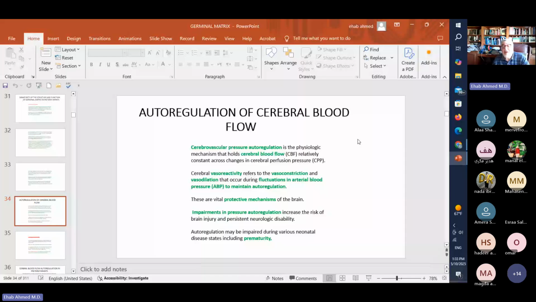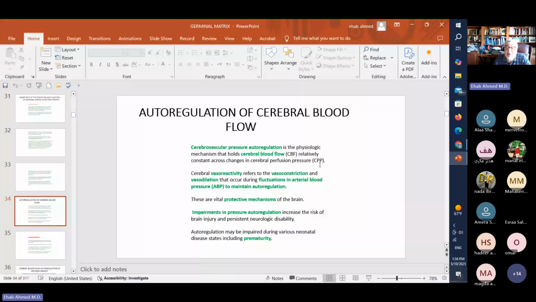If the pressure increases, there is vasoconstriction. If the pressure drops, there is vasodilatation. This mechanism is called autoregulation of cerebral blood flow. Okay?